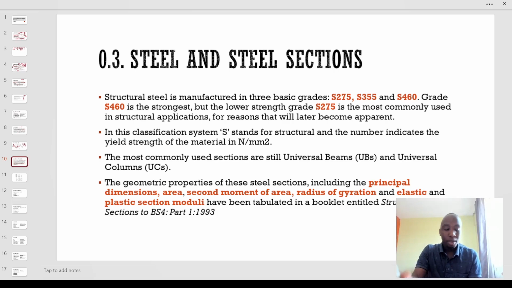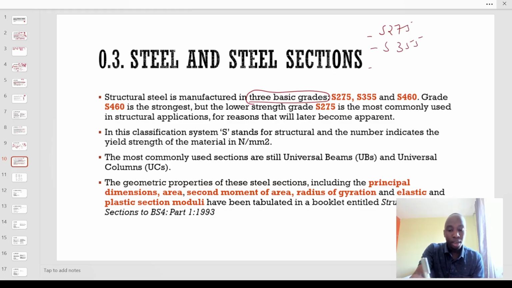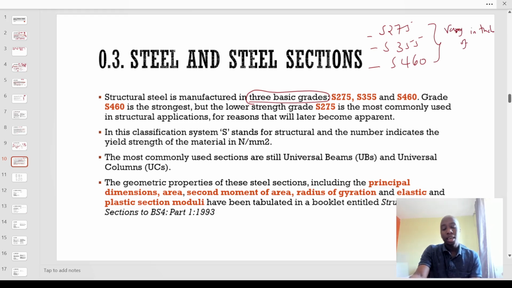So, we have 3 basic grades of steel when they are manufactured. The first one is S275. The second one is S355. The third one is S460. These ones will vary also in thickness, both of the flange and the web, as we are going to see. We will see in the design how it is.